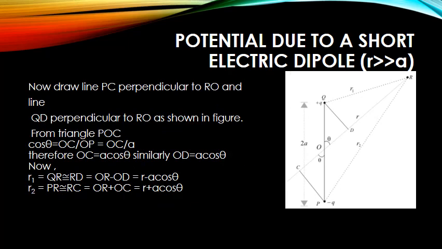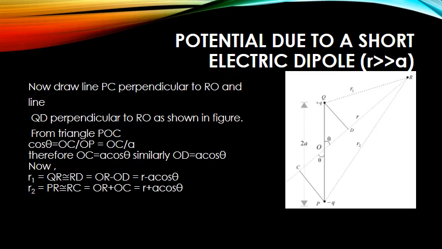Applying elementary trigonometry, we can see that distance OD is approximately equal to a cos theta. Distance OC is also equal to a cos theta. So the distance r1, which is equal to distance RD, is equal to r minus a cos theta.